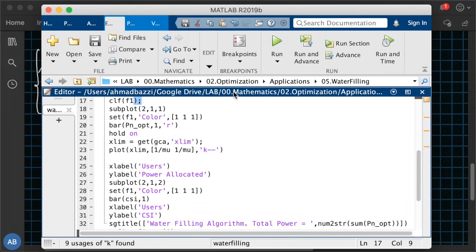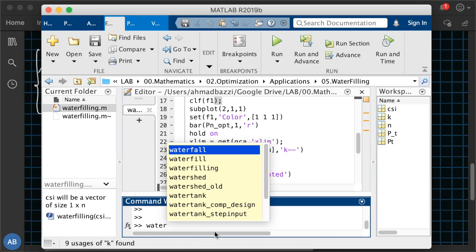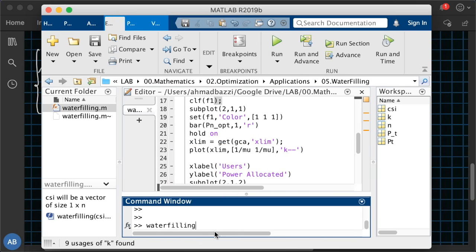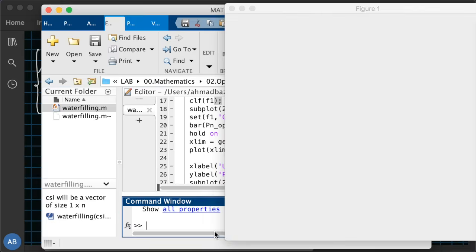Let's see what happens on a small example. So I'm going to run the water filling on the following. So imagine I have a CSI vector, following values. So 10, 1, 0.1, 0.01. So 4 users with a total power of 30.